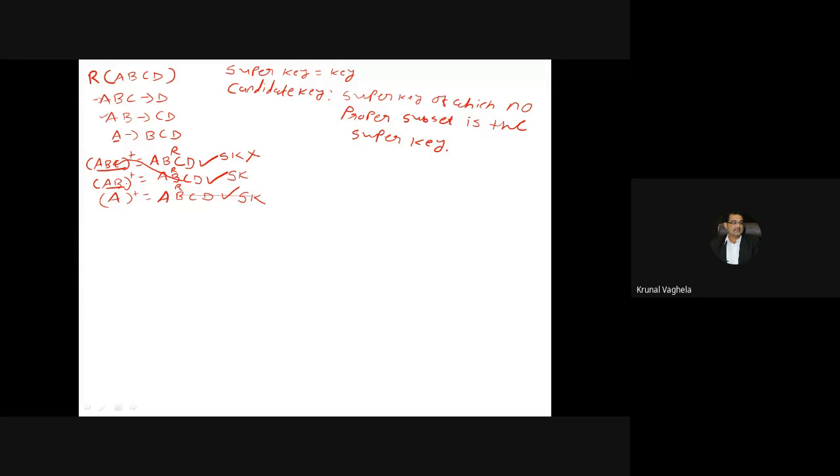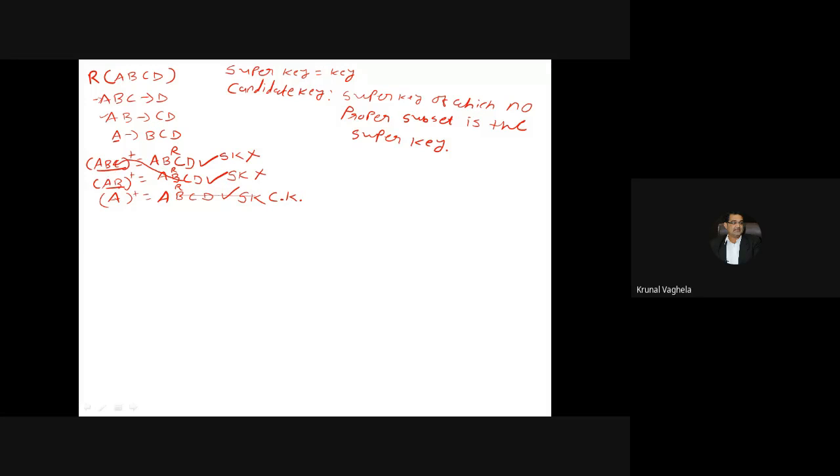Answer is no, because AB's subset is A, and A alone is a super key. So this is also not the candidate key. A is the candidate key, yes, because first of all, the only subset of A is A alone, and I can find all the attributes. So A is the candidate key.